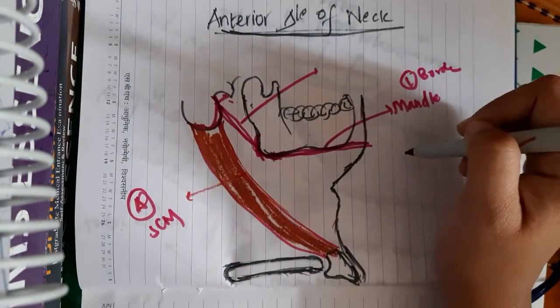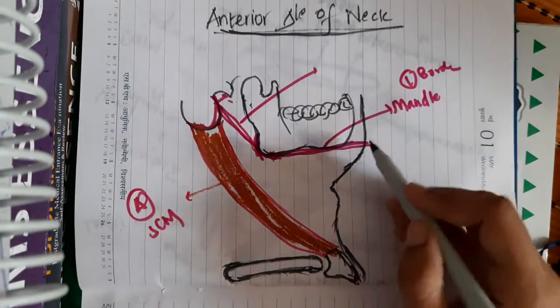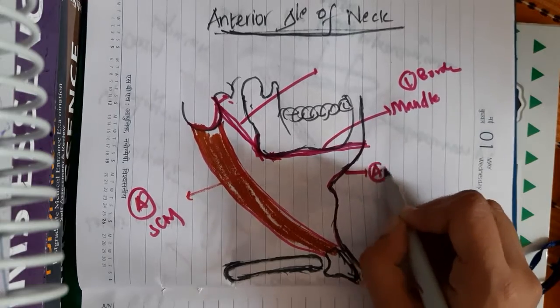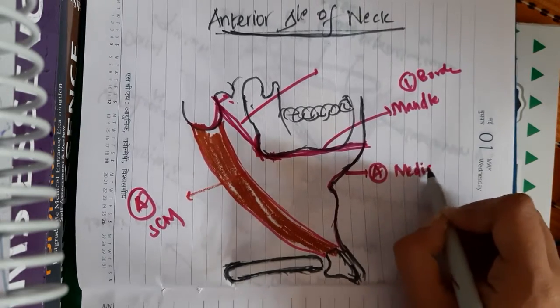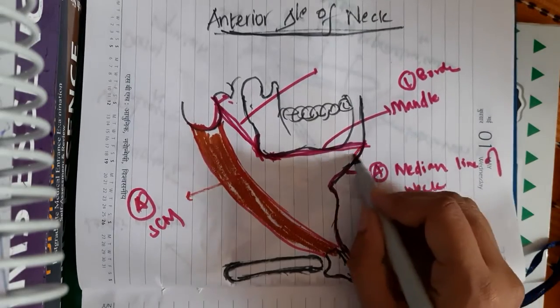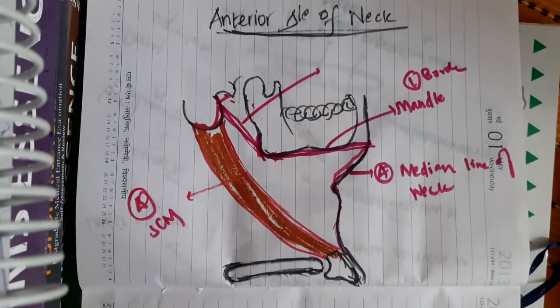So this forms the base of the anterior triangle. Then this line which you can see here is the anterior median line of neck. So this is the anterior triangle of neck.